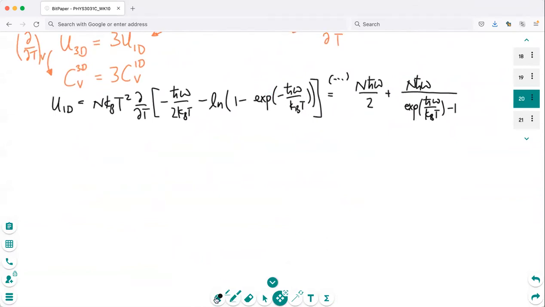And the next thing is you take the derivative again. And that gives you C1D. If you take the derivative, dU1D dT, that will give you 0 for the first term. This is a very famous result.